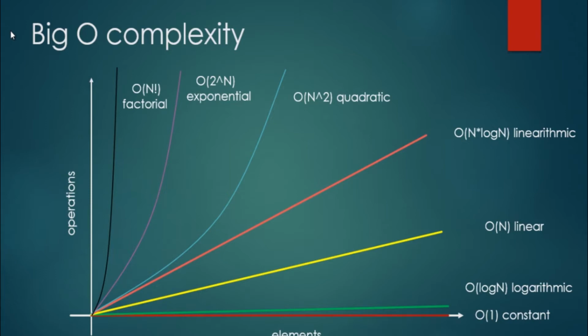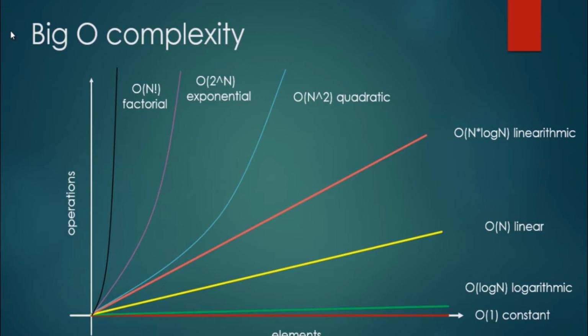If we plot the operations as a function of elements, then there are approximately 6 or 7 very important complexities. The constant time complexity is the fastest complexity we have known so far. For example, swapping two numbers in a sorting algorithm can be done in constant time.